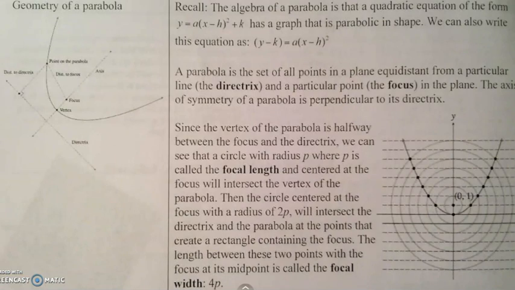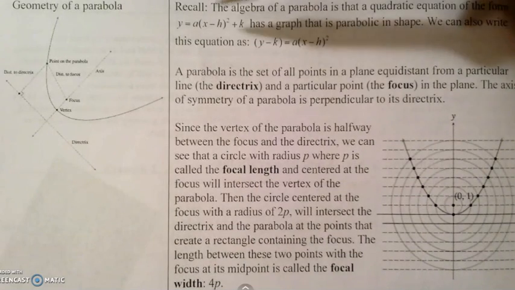Let's take a look. Up till this point, we've been using the algebra of a parabola, which is just looking at the equation and asking, if I have an x value, what y value will I get? Well, the geometry behind that is also very interesting, and that's what we're going to investigate a little bit more. So for the algebra of a parabola, we have our equation.